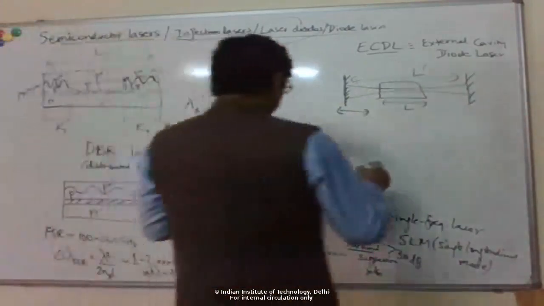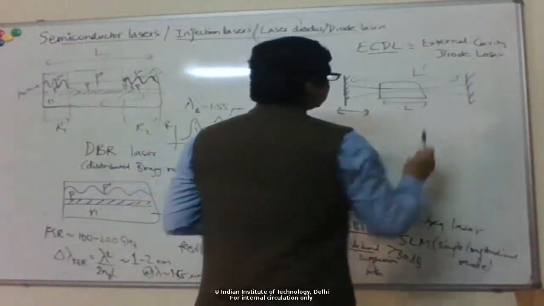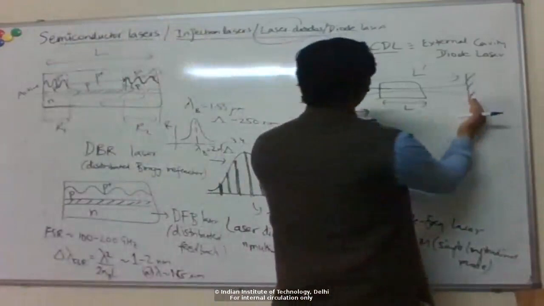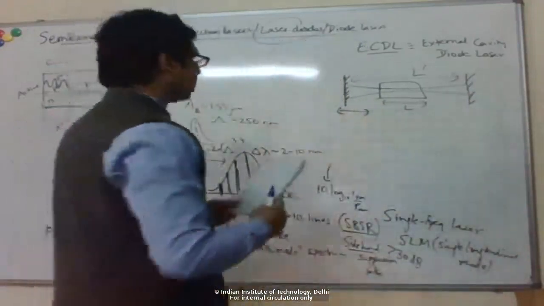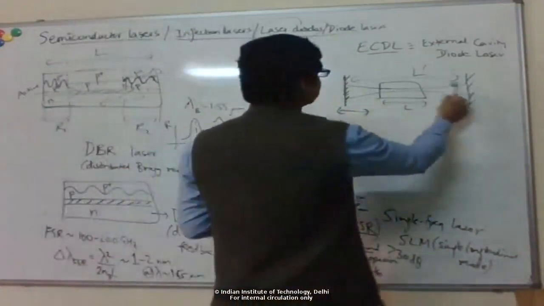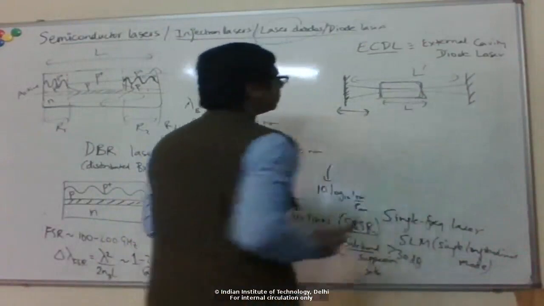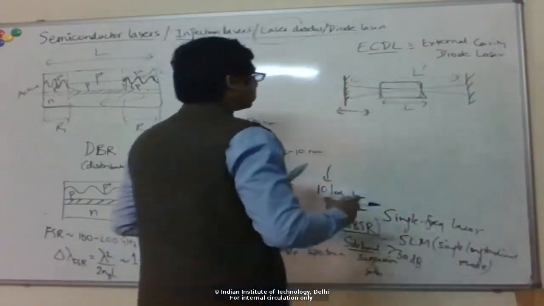Okay, so you can imagine, this external cavity will have its own FSR, right? So this external cavity is like a Fabry-Perot cavity on its own. So it has an FSR which is much smaller than the FSR of the laser cavity here. Again, FSR is inversely proportional to length.